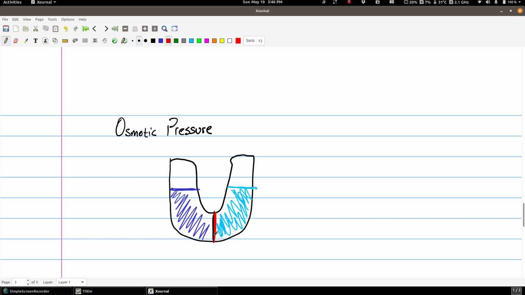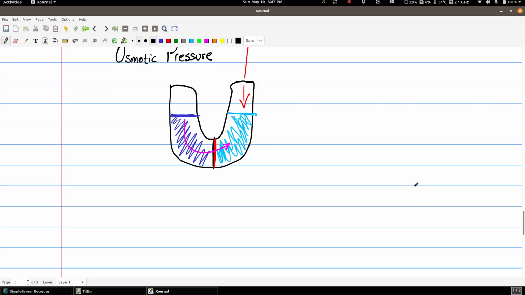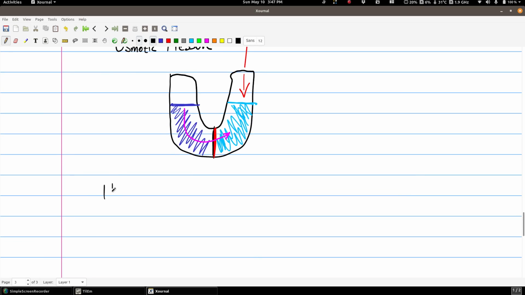And this is your membrane. And again, flows this way. But you're going to have some sort of pressure from the outside pushing down on that. And if it's enough that it can push all of the solvent back across the semi-permeable layer, it's going to prevent osmosis from happening. So I'm going to do just one problem super quick, and that's it.